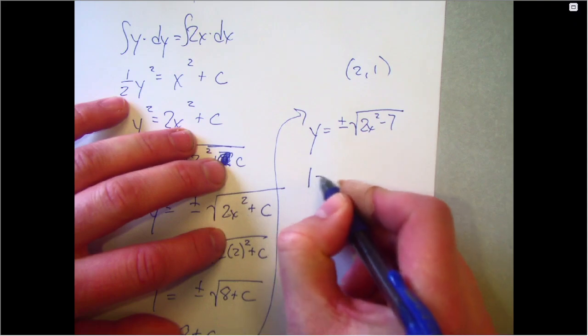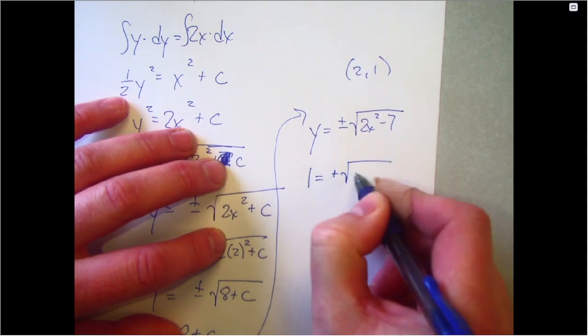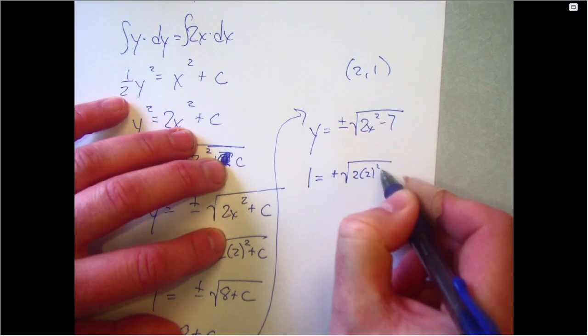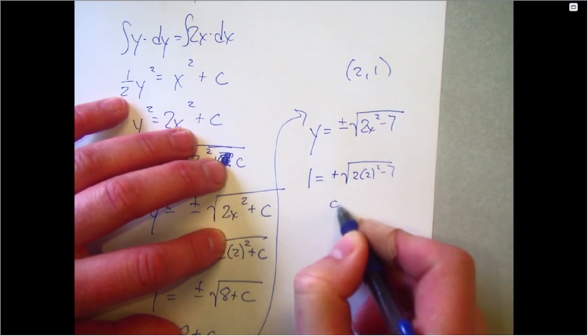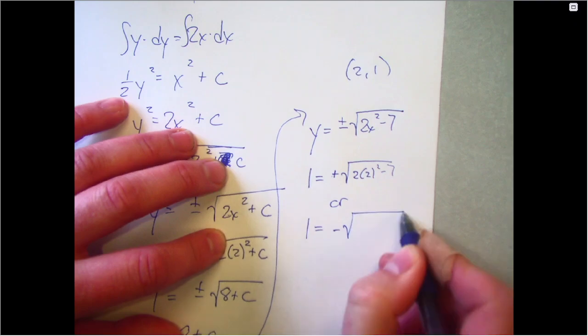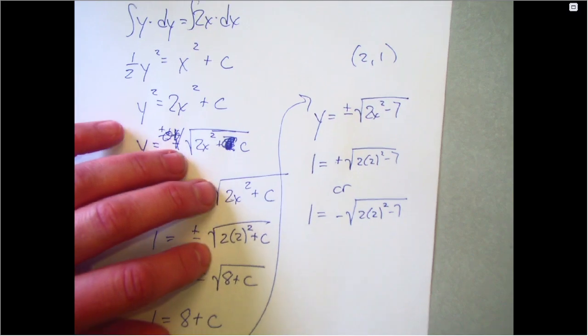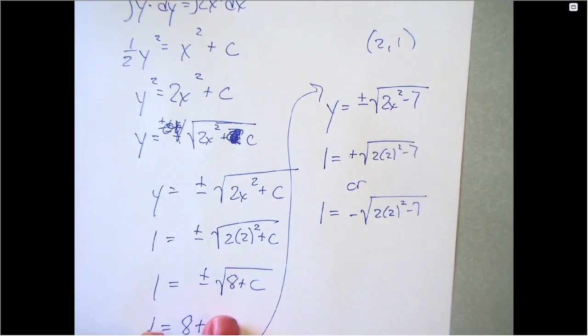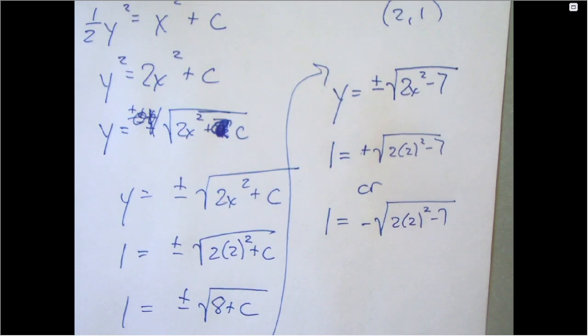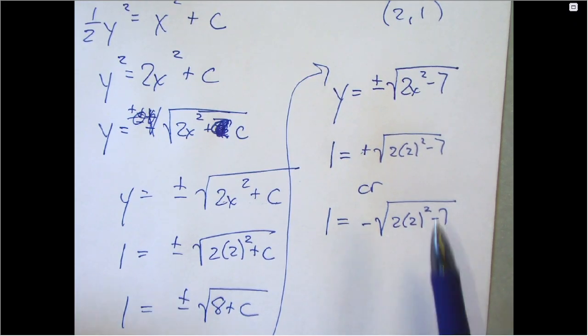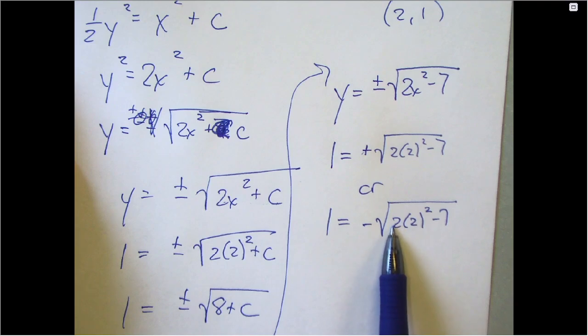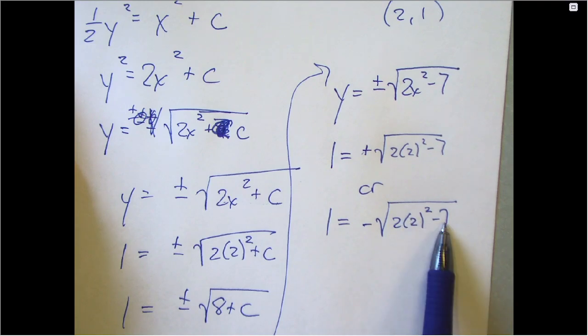And only one of those will make this work out. So if I go 1 equals positive square root of 2 times 2 squared minus 7, or 1 equals negative square root of 2 times 2 squared minus 7. Only one of those is going to be a true statement. And you pick the one that's a true statement. So this one's false. Let me show you why. You would get 8 minus 7 is 1.